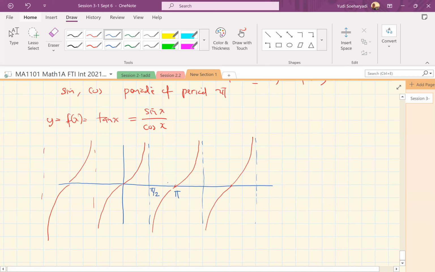So this is periodic also, but the period is not 2 pi, but pi.